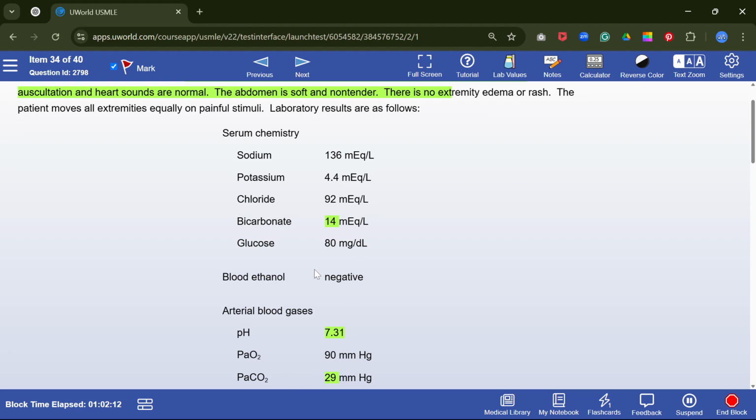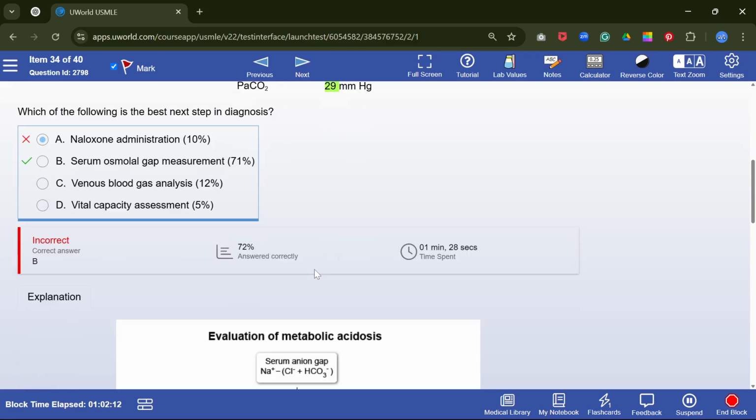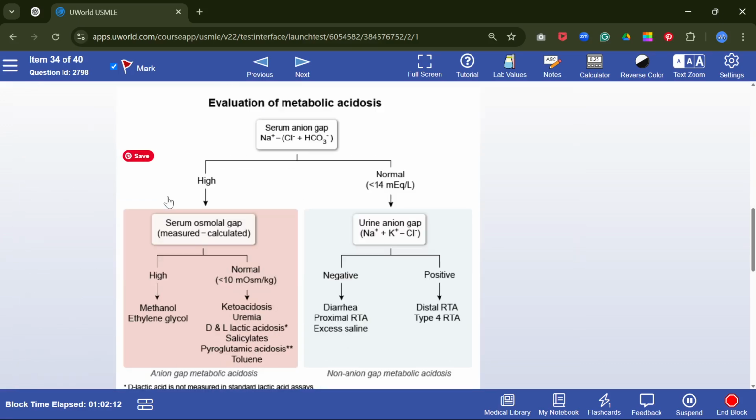Now we need to do the serum osmolar gap measurement. If we find a case with high anion gap metabolic acidosis, here anion gap is more than 30. Now what do we need? Now we need the serum osmolar gap.